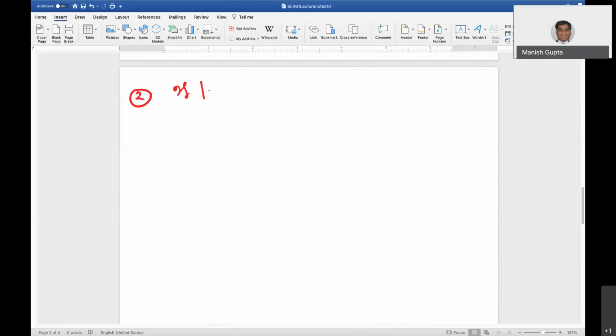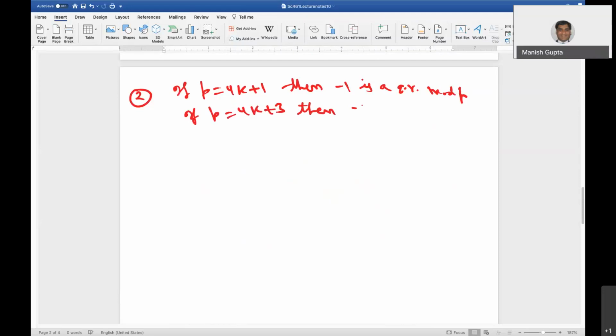If P is of the form 4k plus 1, if your prime can be written as 4k plus 1, then minus 1 is a quadratic residue mod P. And if P can be written as 4k plus 3, then minus 1 is a quadratic non-residue mod P. So the minus 1, that is P minus 1 modulo P, is a quadratic residue or quadratic non-residue depending upon the form of the prime. 5 is like 4k plus 1, right? 7 is like 4k plus 3.